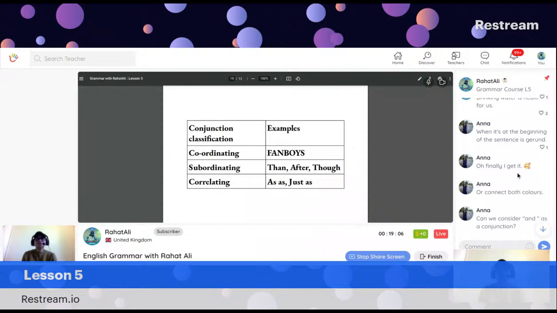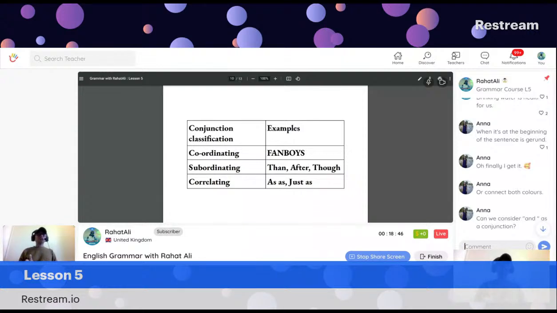And the next one is subordinating. Do you know the meaning of subordination? In vocabulary, it means that something is underneath in position, like he's my subordinate, that means that guy works under you.